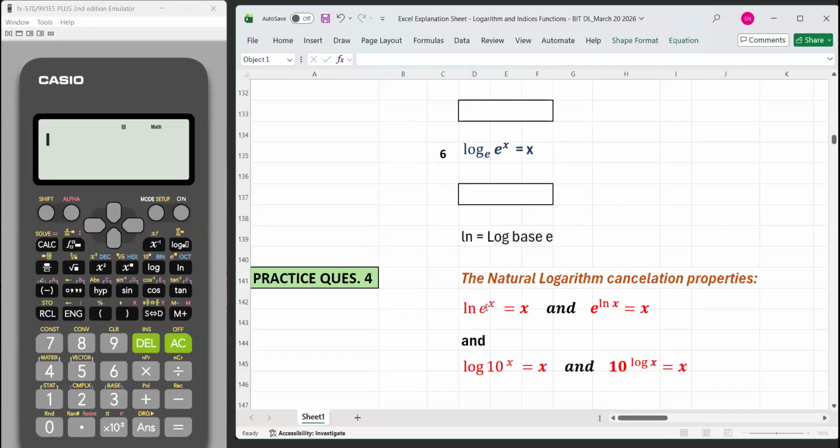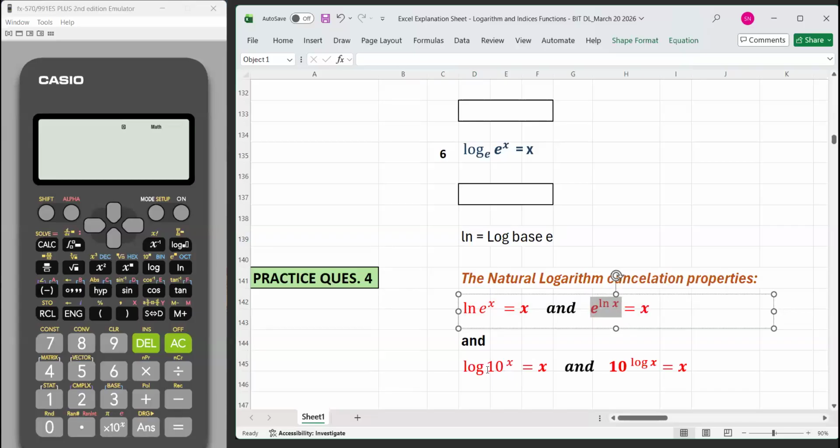So when I say ln of x, it means log x to base e. And log e to base e will give you 1. So if I say natural log of e raised to the power x, the answer is always equal to x. Okay? I hope you remember this. Natural log of e to any power, the answer is equal to the power. And if I have e raised to the natural log of x, the answer is always equal to x.